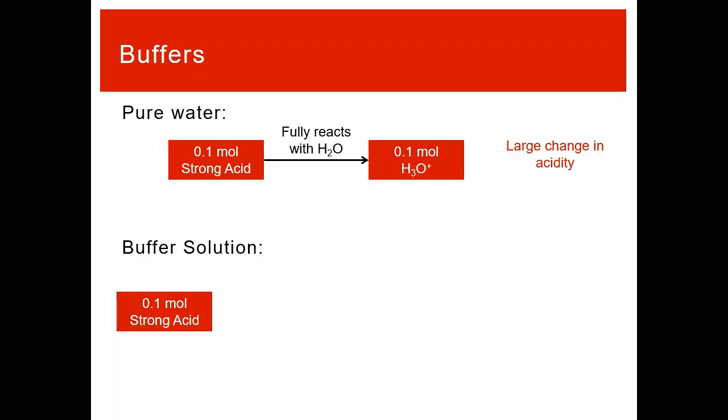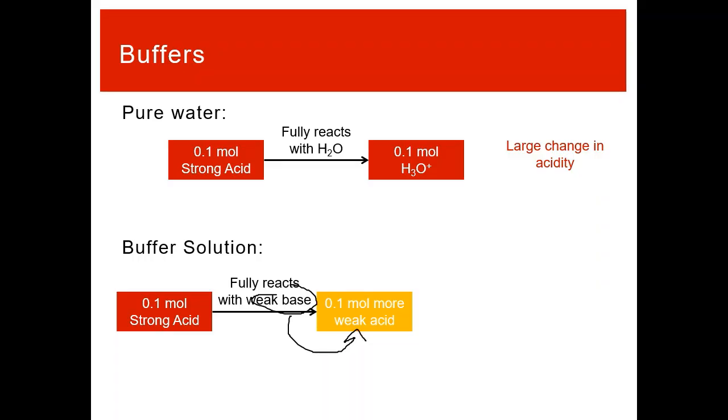In a buffer, when you add the strong acid, the buffer is a solution where there's something for it to react with, namely weak base. So you take your 0.1 moles of strong acid, it reacts with the weak base, which reacts to produce its conjugate, which is a weak acid.